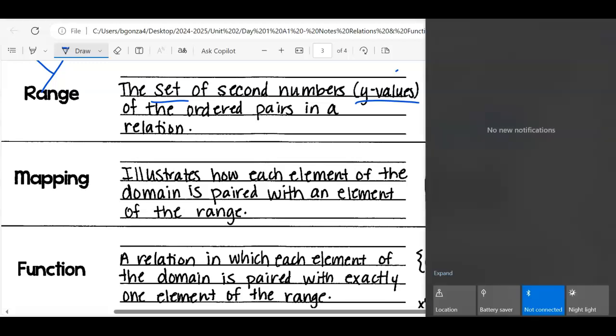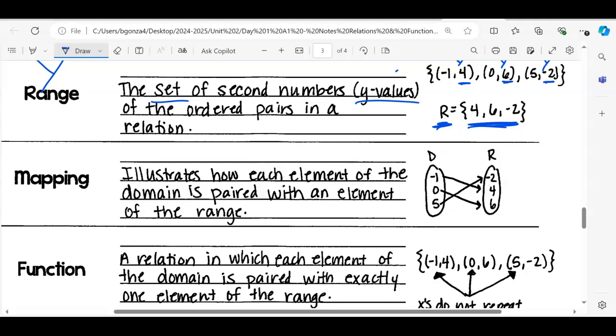And then 0, 6 has an arrow from 0 going to 6. And then 5, negative 2, starting at 5, going to negative 2. Okay. I want you to notice that these numbers are in order from least to greatest. And the range is from least to greatest. Okay. So again, I would suggest negative 2, 4, 6 in order. Okay.